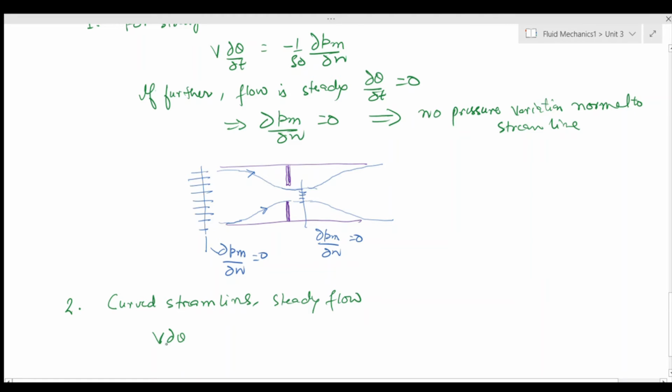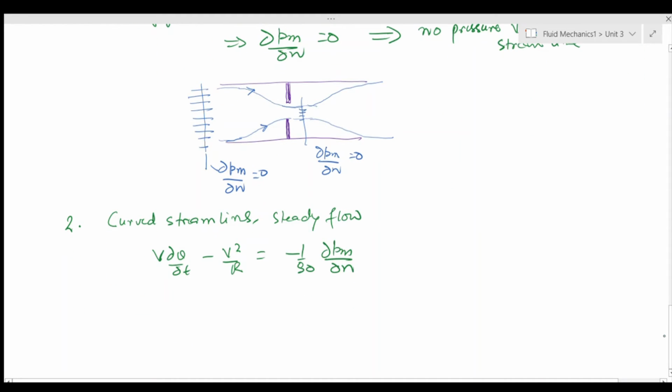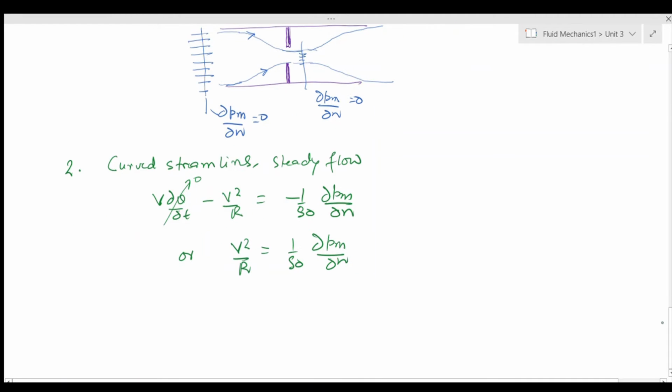Again, the equation is V del theta by del t minus V square by R equals to minus 1 by rho naught del Pm by del N. This term del theta by del t would go to 0, and what we would have finally would be V square by R equals to 1 by rho naught del Pm by del N. Okay, this implies that del Pm by del N would be equal to rho naught V square by R. Okay, that's what we would get.